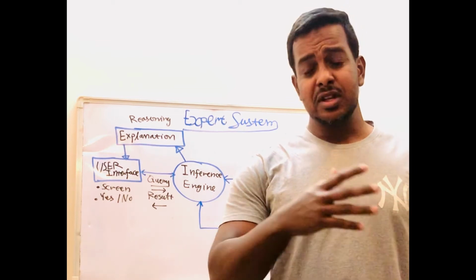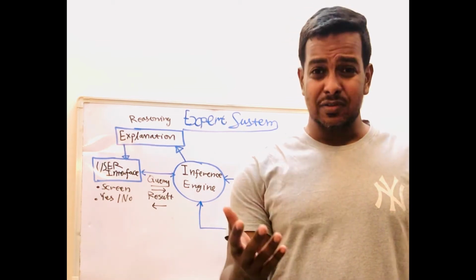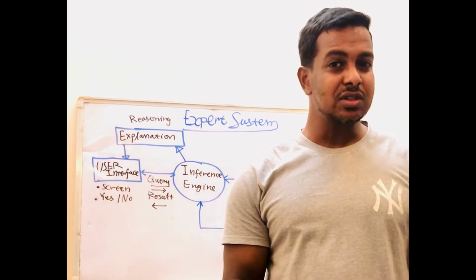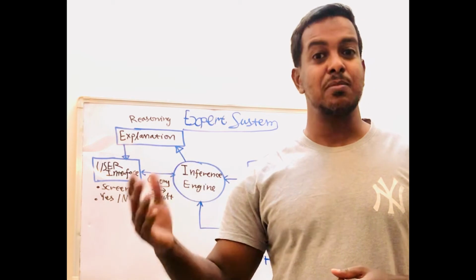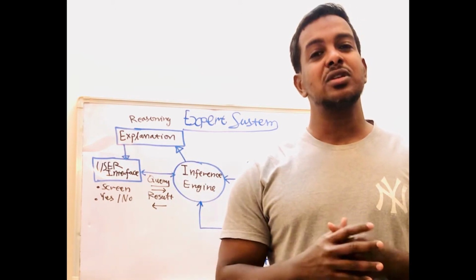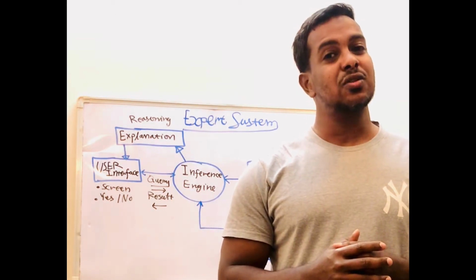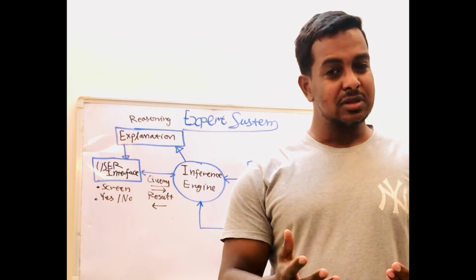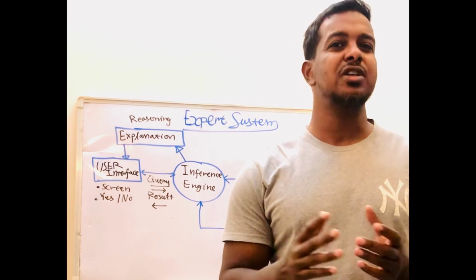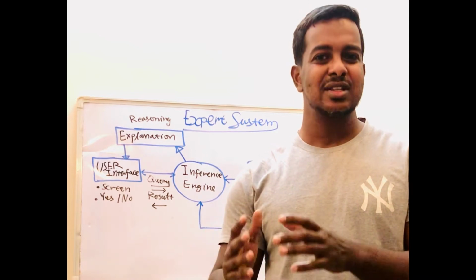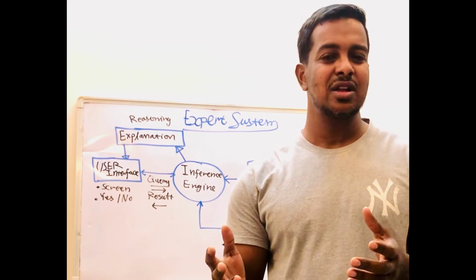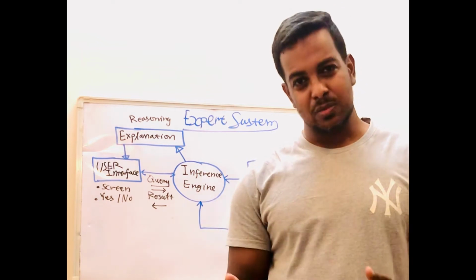Instead of bringing these people, which could be expensive and sometimes not available all the time, you can just make it a computer system. This computer system is developed by software programmers with the help of the expert in that field, to create a program that reaches a conclusion after the user answers some questions.